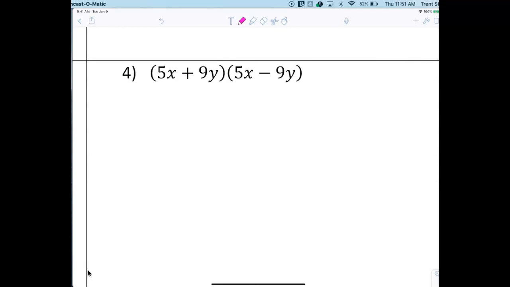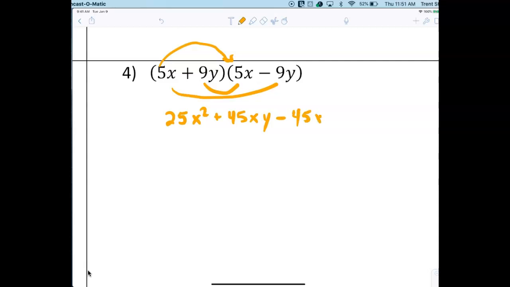So now we have 5x times 5x, which is 25x squared. First smiley face: positive 45xy. Then your last smiley face: negative 45xy. And now finally, these two multiplied together is negative 9y squared.